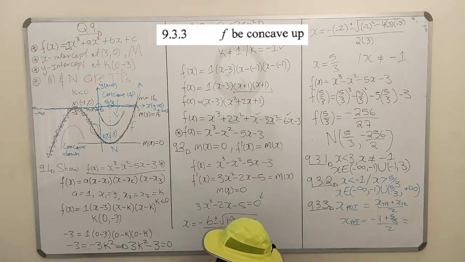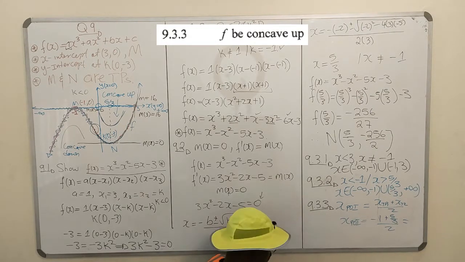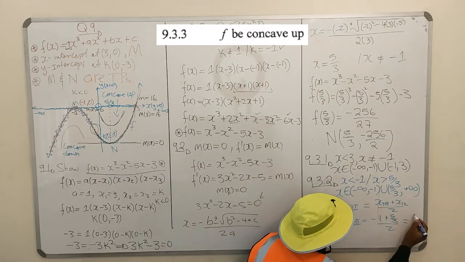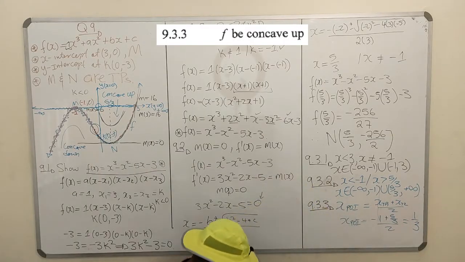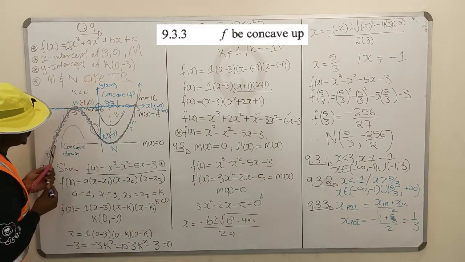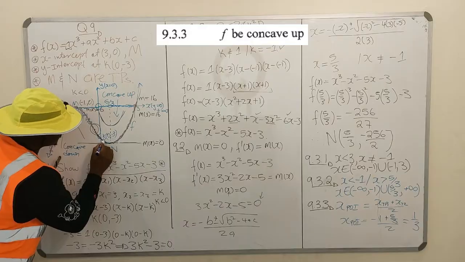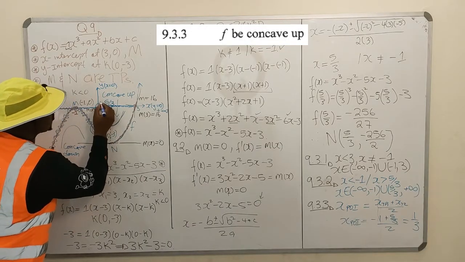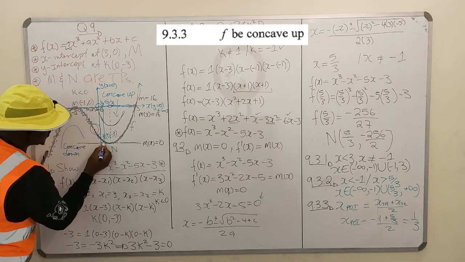So the answer is 1 over 3. So our point of inflection is not on this side, it's somewhere this side. It's 1 over 3.